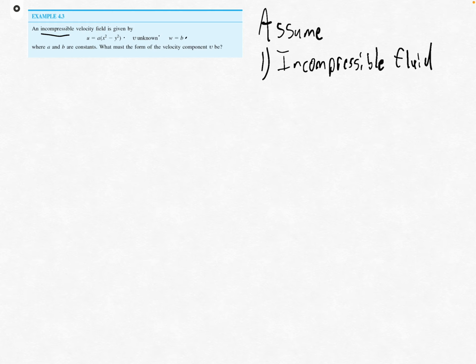In this case, we don't actually have to make an assumption about whether the fluid is Newtonian or really anything else, but we can just start with this assumption that we have an incompressible fluid.